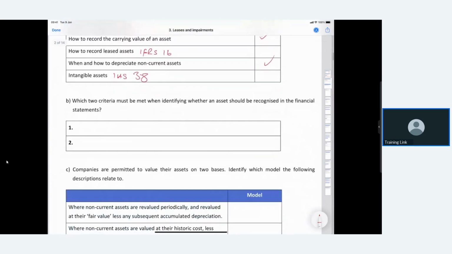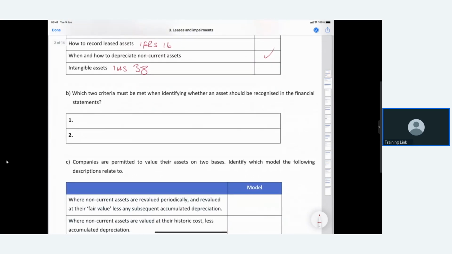B then, which two criteria must be met when identifying whether an asset should be recognised in the financial statements? We have two parts to this, and hopefully you've seen it within your textbook at some point, where we get the definition of when to recognise an asset.